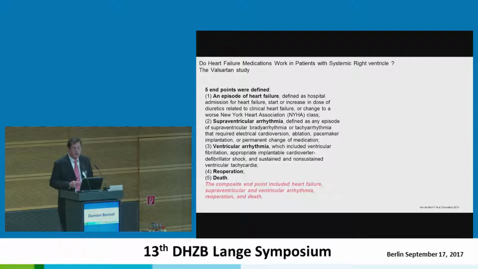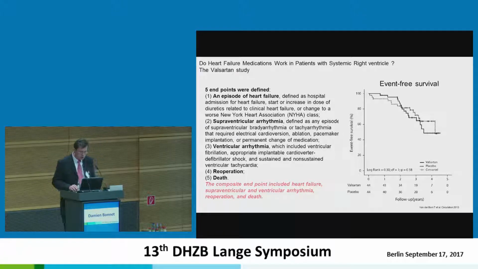And I just give you here the example of the valsartan study led by Barbara Mulder. This was the endpoint: heart failure, supraventricular arrhythmia, ventricular arrhythmia, reoperation, and death. And it was a composite endpoint. And this study failed to demonstrate any efficacy.